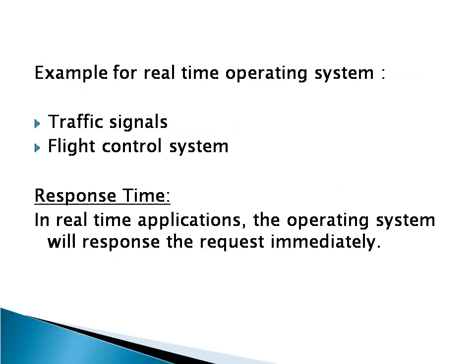Another example of a real-time operating system is the traffic signal. The green light, red light and yellow light all depend upon the real-time operating system. The time taken from input to output is the response. What exactly does response time mean?